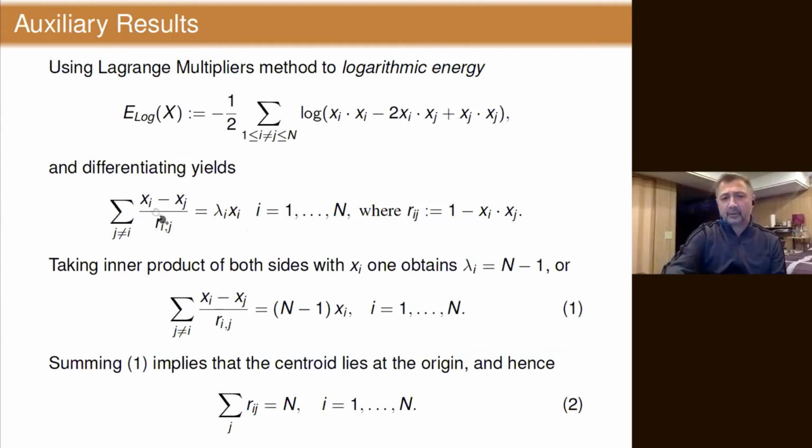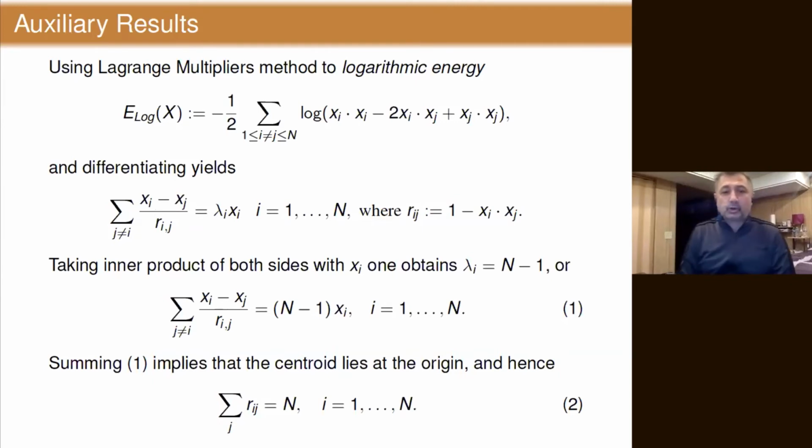These are the forces that x_j exerts on x_i. x_i can be considered fixed, and the sum of these forces will have to point outward on the sphere, otherwise x_i will move. So there is that constant lambda_i that this sum should be equal to. Of course, this follows from differentiation as well.